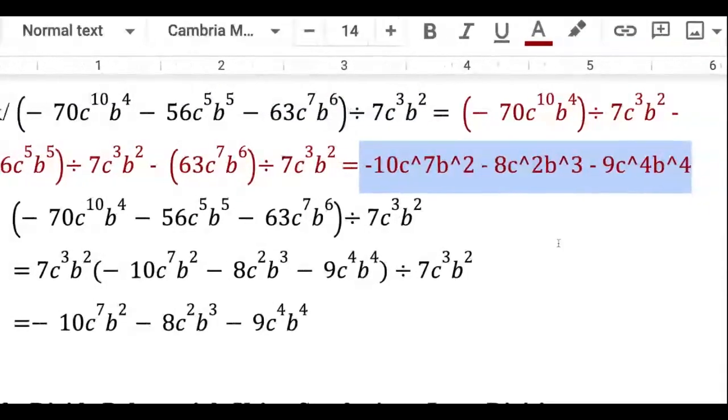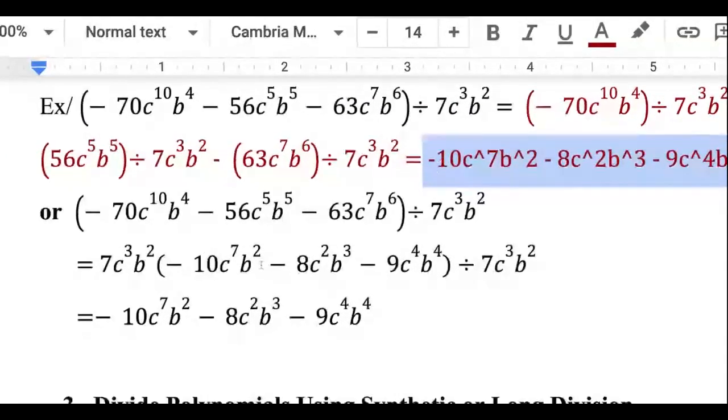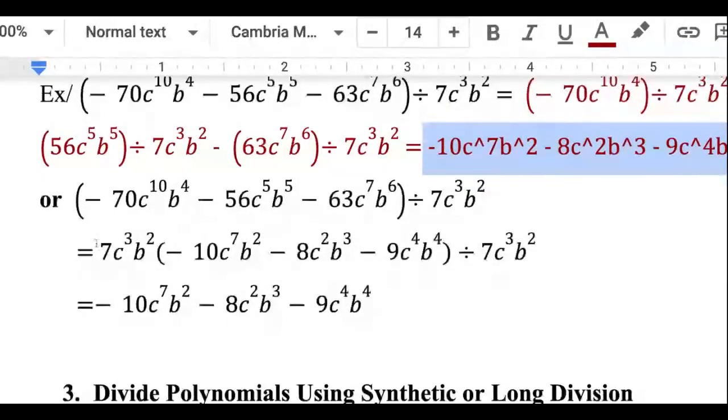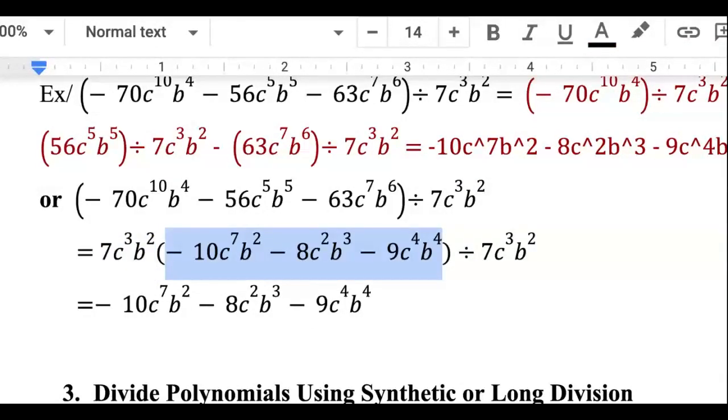Or if we know how to factor, we can factor out 7c cubed b squared. If we do that, the inside becomes negative 10 c to the 7th b squared minus 8 c squared b cubed minus 9 c to the 4th b to the 4th.